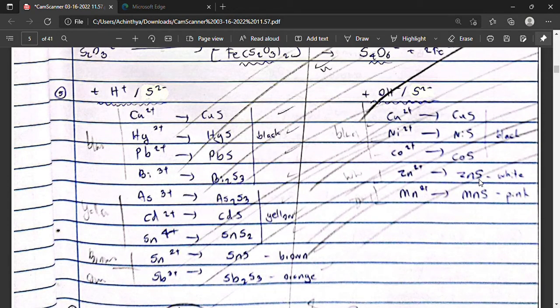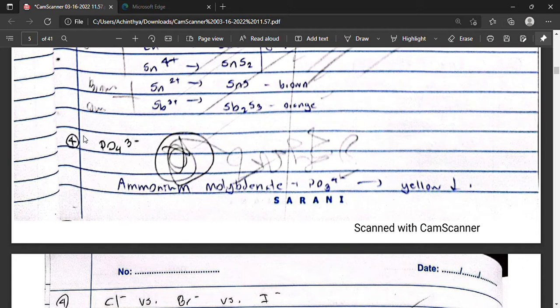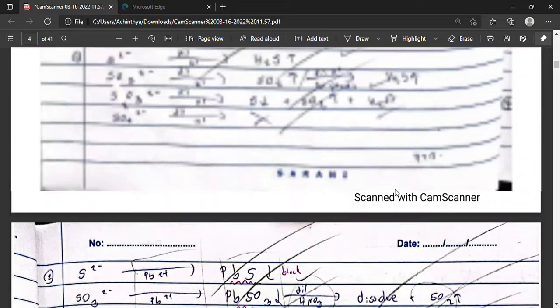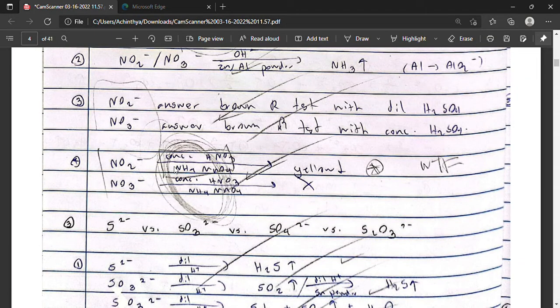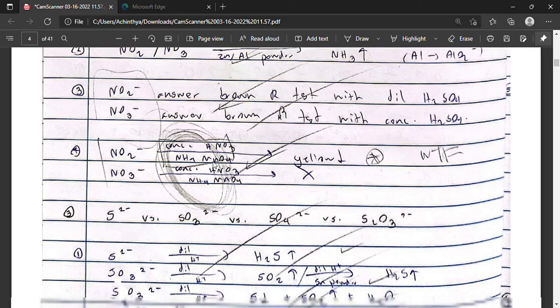Okay, in addition to what we discussed, if by chance there is something about identifying phosphates, we can do so by adding ammonium molybdate into the phosphate ion solution, which produces a yellow color precipitate. What we see above, when we differentiate the nitrites and the nitrates, we do so with ammonium molybdate with concentrated nitric acid.